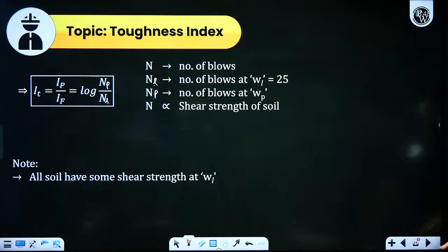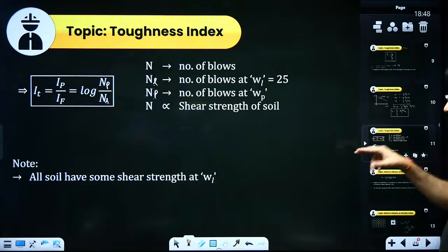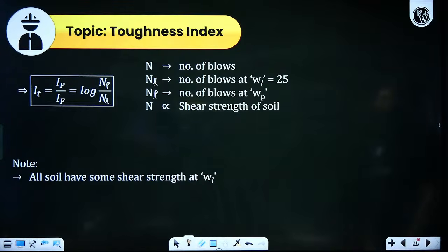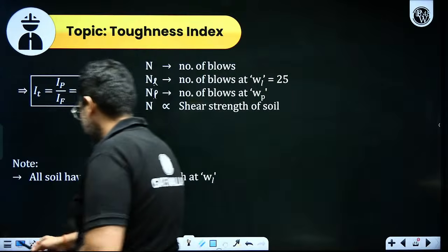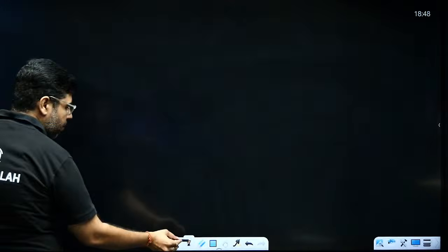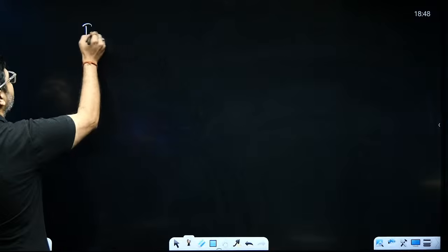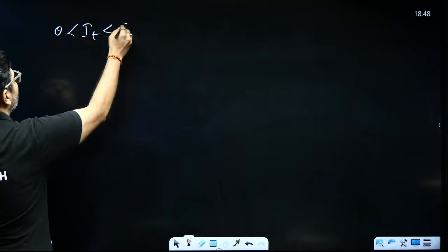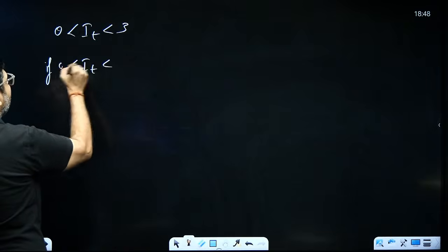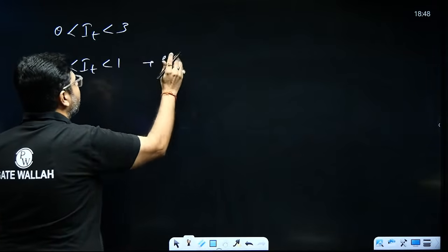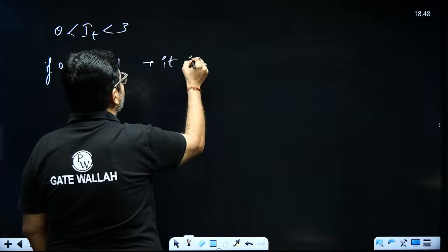Now, let us talk about the range of IT. The value of IT is generally between 0 to 3. If IT is between 0 to 1, it indicates friable soils, that is, easily crushable.